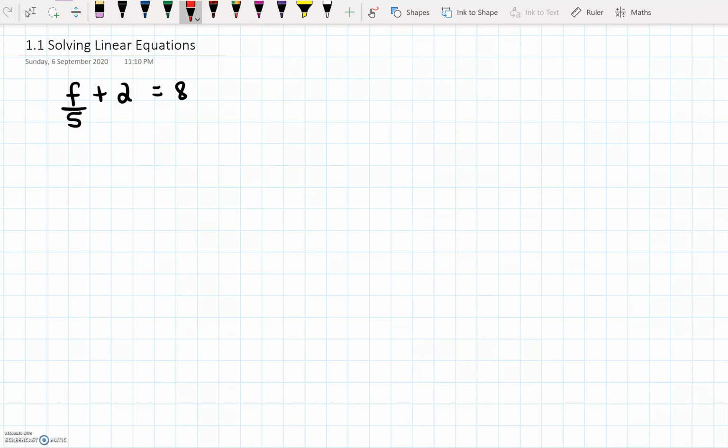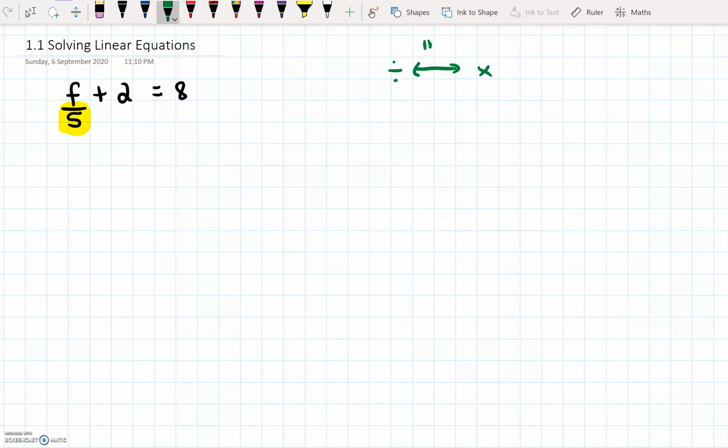Okay, so you can see that what's making this messy at the moment is that the f is divided by 5. Now what we can do is think of a way to get rid of that divided by 5 so that we don't have any fractions anymore. The opposite of dividing, the inverse operation, is times.